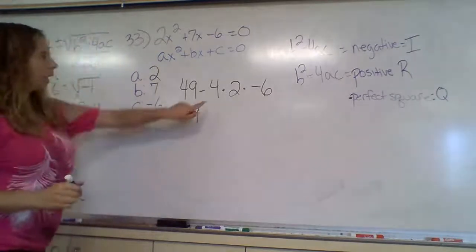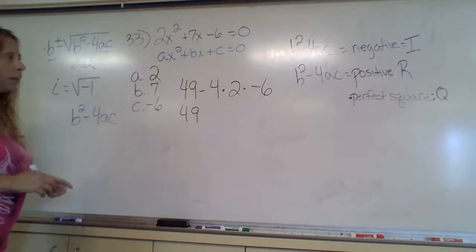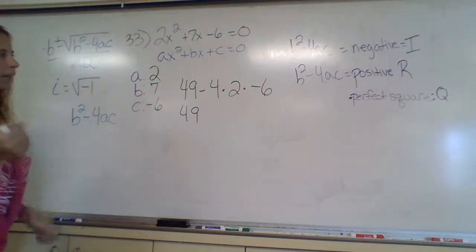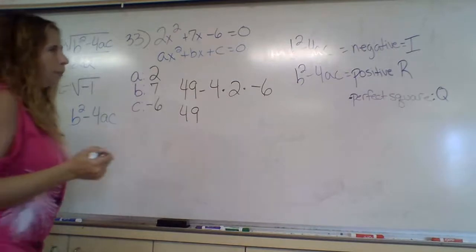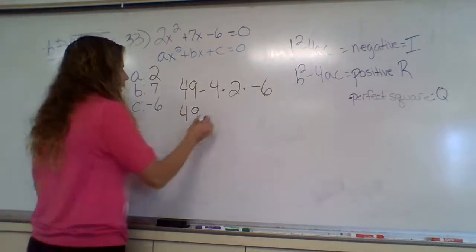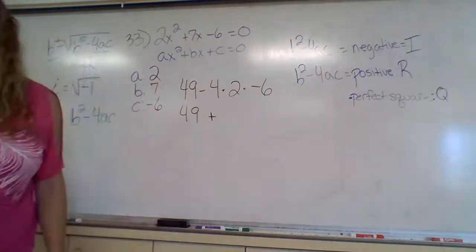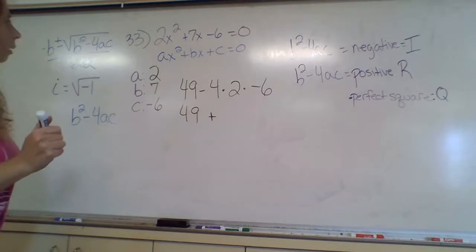All right, negative 4 times 2 is negative 8, times negative 6. What's negative 8 times negative 6? Okay, well, the negatives are going to cancel each other out. So 8... hold on, 2x squared plus 7x minus 6.